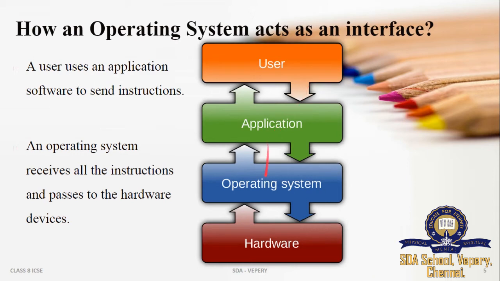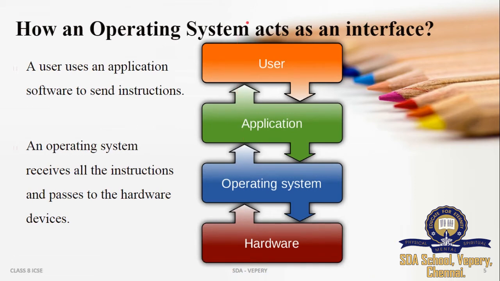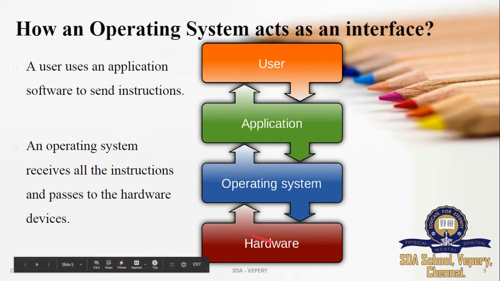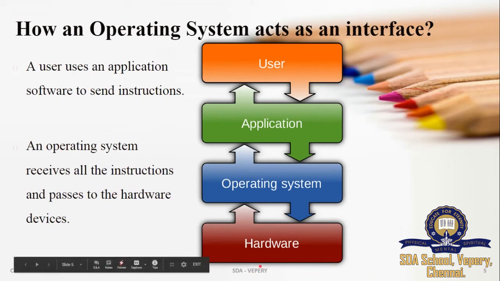This is how the operating system acts as an intermediator between the user and the hardware. Hardware is nothing but your mouse, keyboard, and all those devices which are attached to the computer. Anything you give will be given only through hardware, and between the hardware and the user, some function is going on.